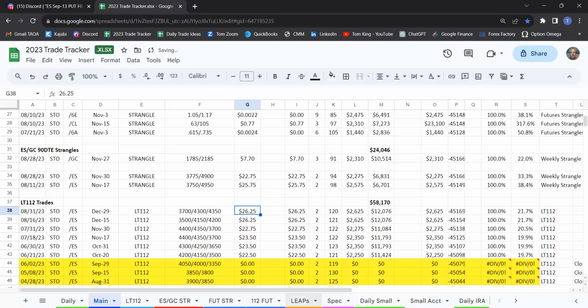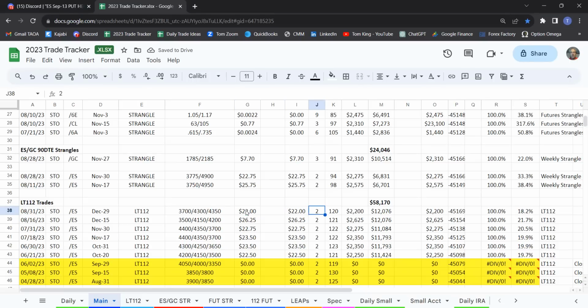And I got to make sure, because Tasty's a little funky on it. 22.75 was our naked puts. Okay, so doubling that is 45.50 minus the 7.50 for the put debit spread means we got into this trade at a $22 overall credit, which is not great with the volatility being low, but it's okay.